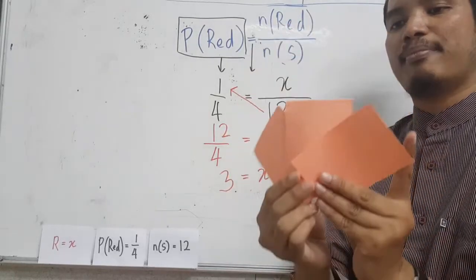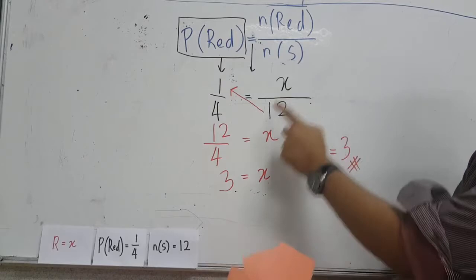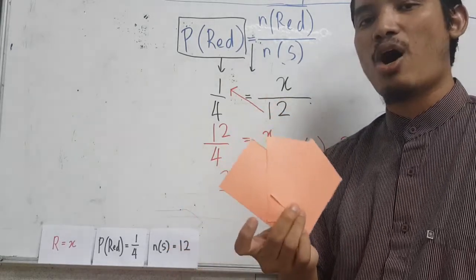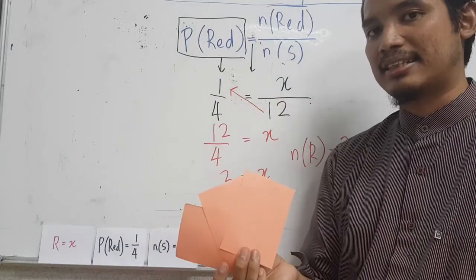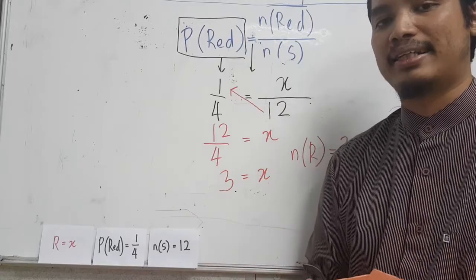And 3 of them are red cards. Red card is 3, all together is 12. So that is how we calculate to find the number of cards after we already know the probability.